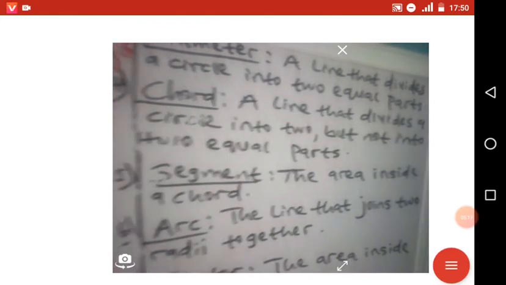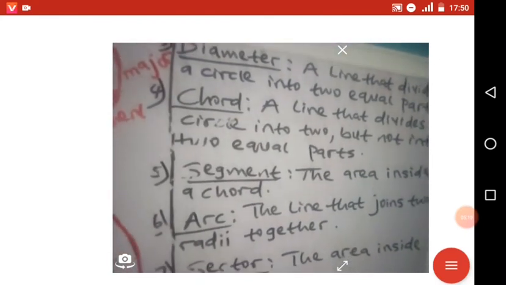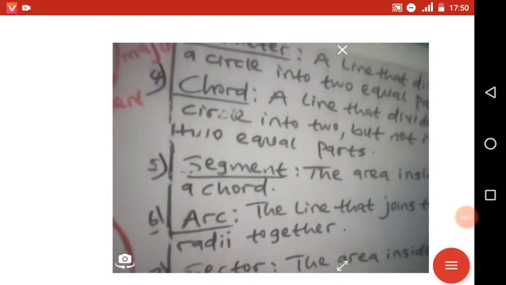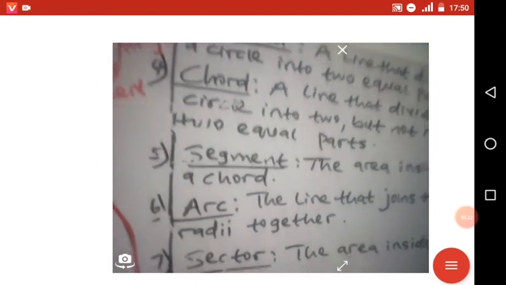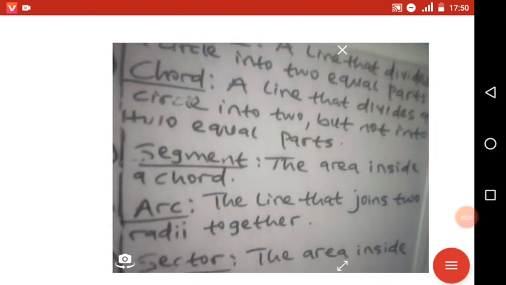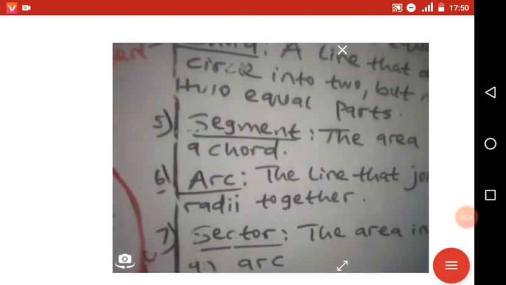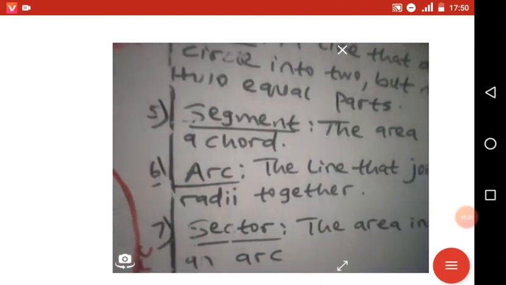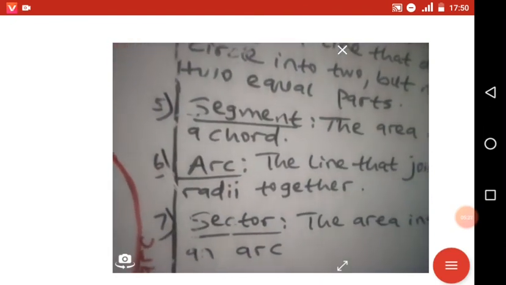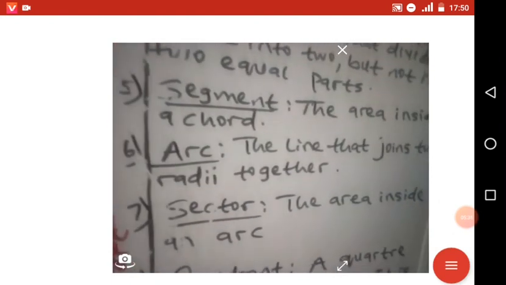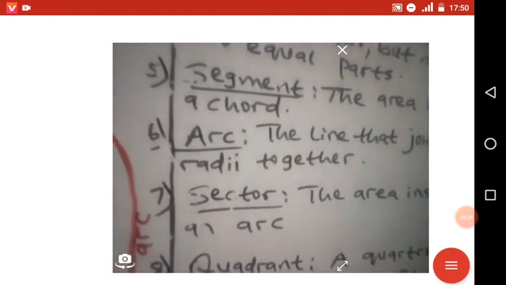The area inside a chord is called segment, and we have the minor segment and the major segment. The arc is the line that joins two radii together. And if you have an arc, definitely the space inside the arc will be called sector.